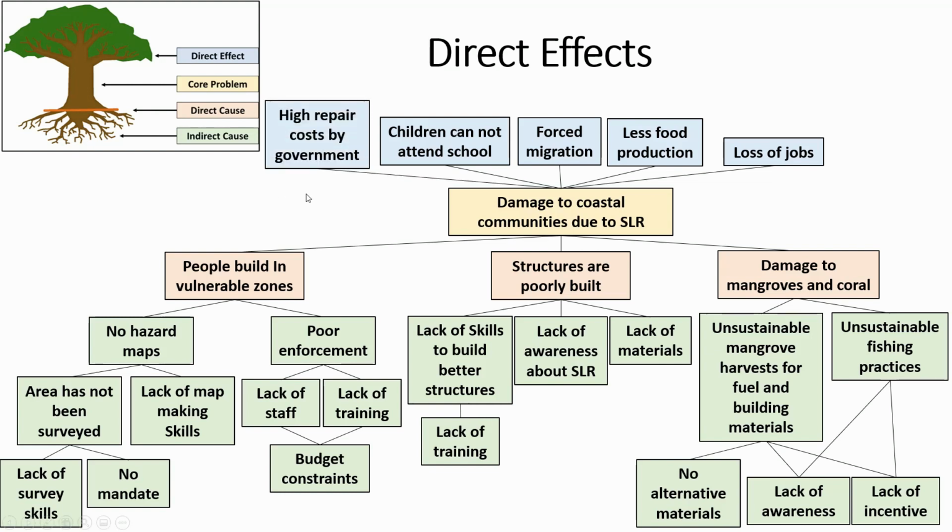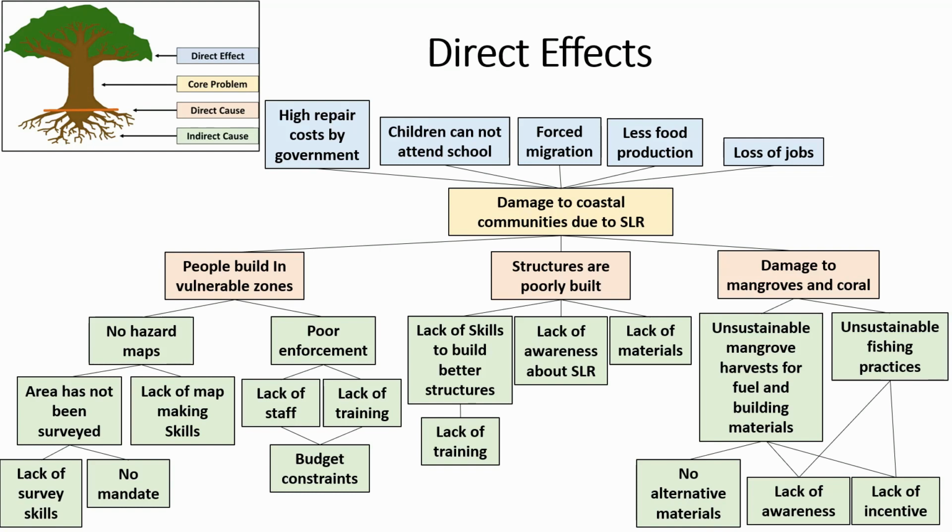What else? Higher repair costs by government. This is definitely a direct effect of damage to coastal communities, especially if infrastructure is damaged repeatedly: roads, water and sanitation and hygiene infrastructure, and, like we said earlier, schools.